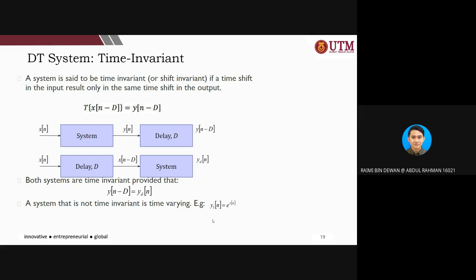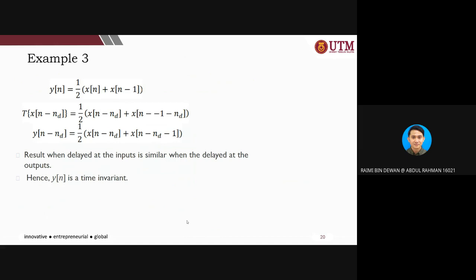So this is actually a time varying system, and time varying systems are not time invariant. Time invariance only holds when the shift in the output is due only to the shift in the particular input.